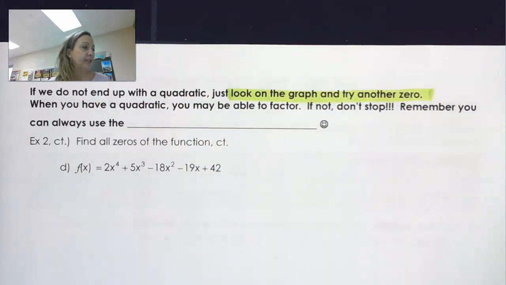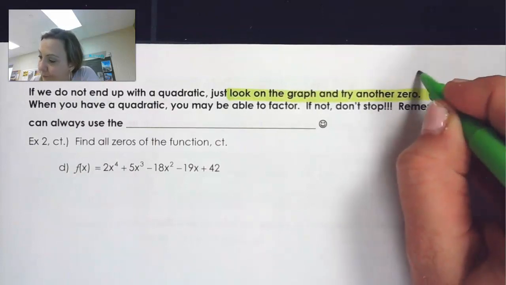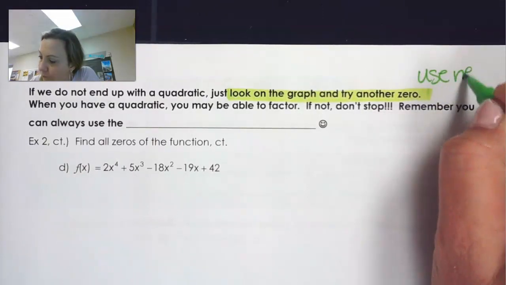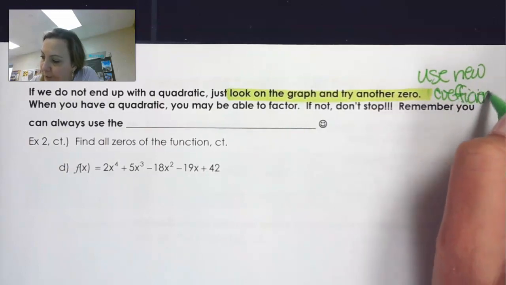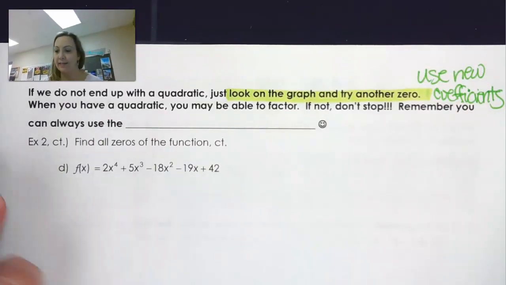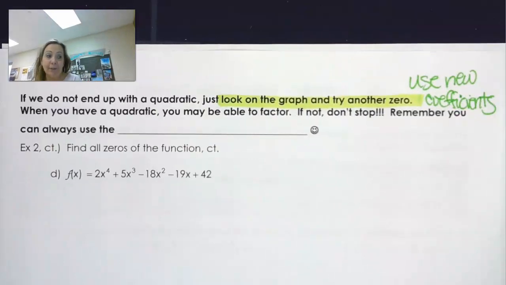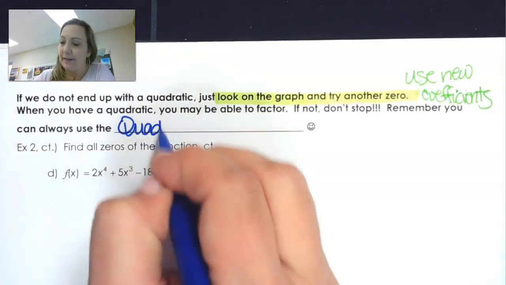And what we do is we're going to use the new coefficients in the synthetic division. We'll do an example together. Don't worry. And then again, we always keep going until we find a quadratic. And if we're not able to factor, we can always use the quadratic formula to help us out.